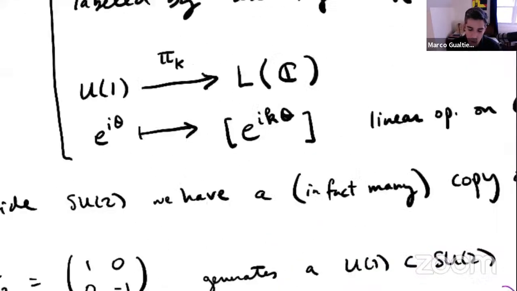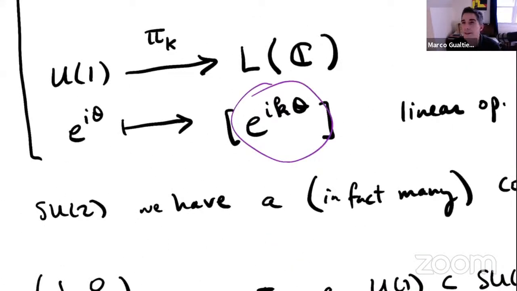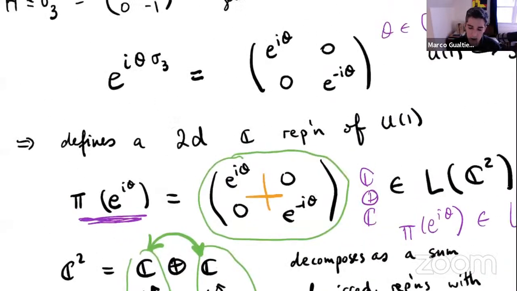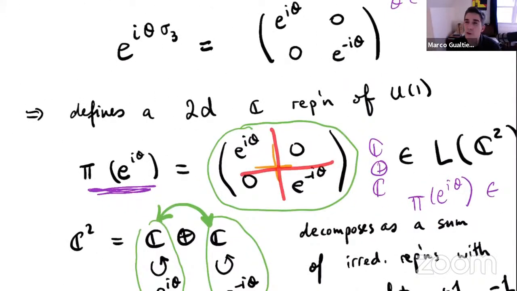This representation is a 1 by 1 matrix that depends on theta. That's an irreducible representation. This one is a reducible representation. It reduces into a sum of 2 representations.